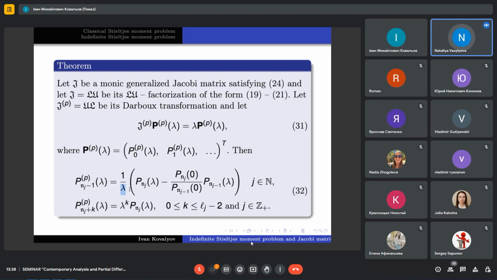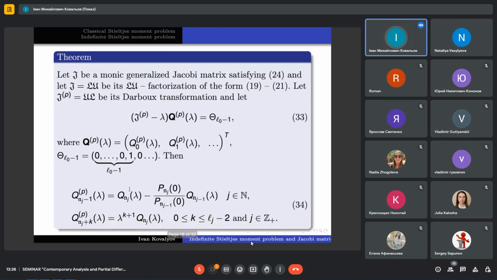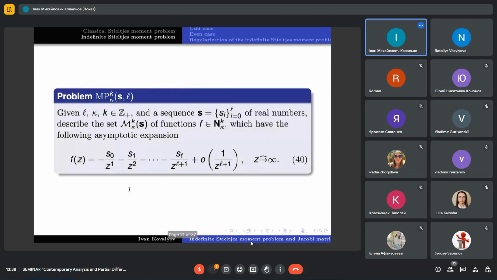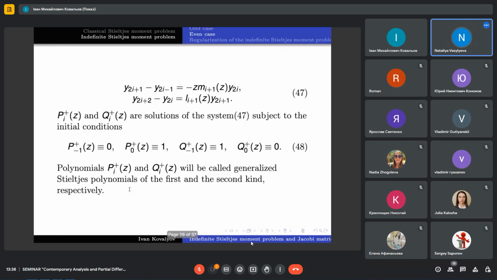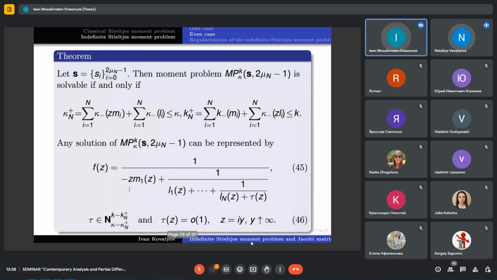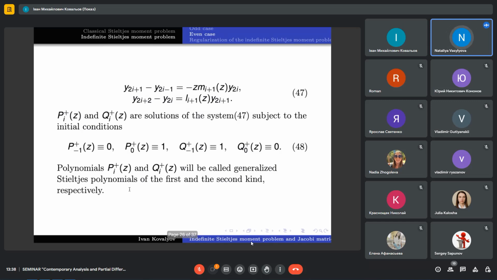Okay, thank you. And my last question is related to formula 47. Maybe it's a stupid question, but why is the system 47 solvable?